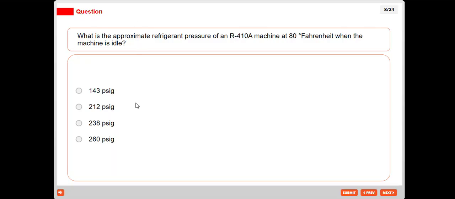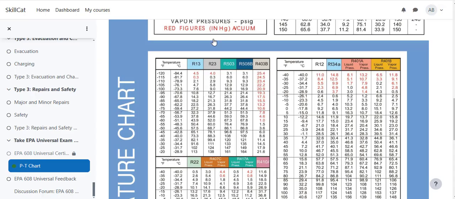Which temperature? We have 80, we're asking now for 80 temperature. So for liquid pressure it will be 104, and for vapor pressure it will be 90.